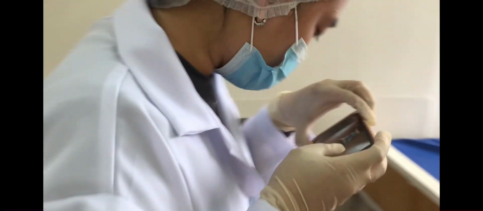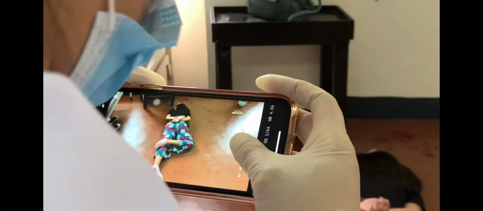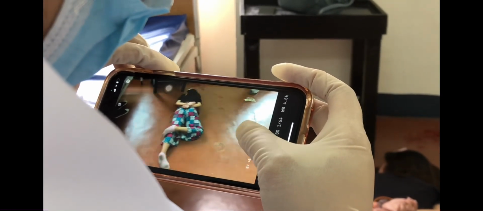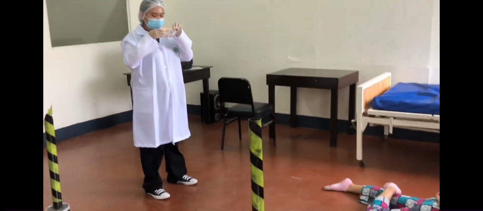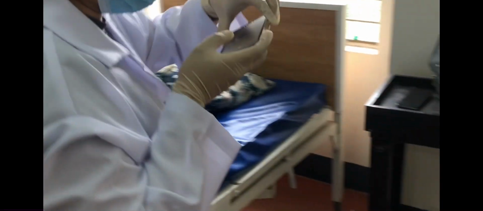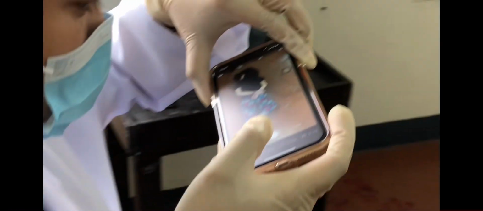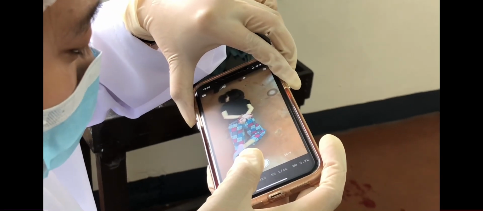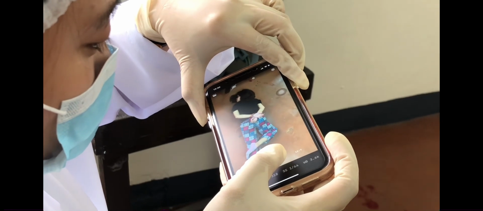Regarding the corpse of the crime scene, take 4 different angles of its body: from the bottom, the two side views, and from the top of the head.